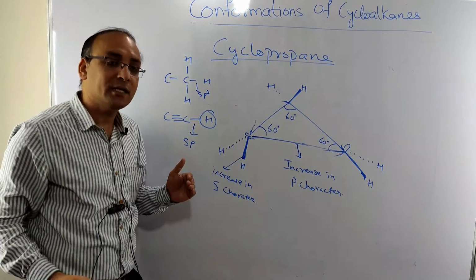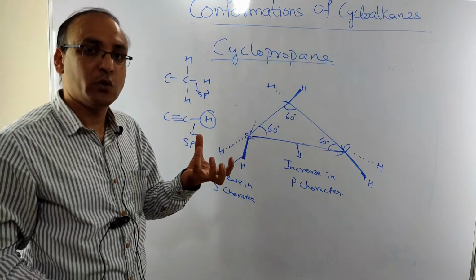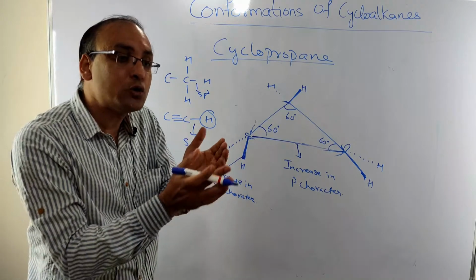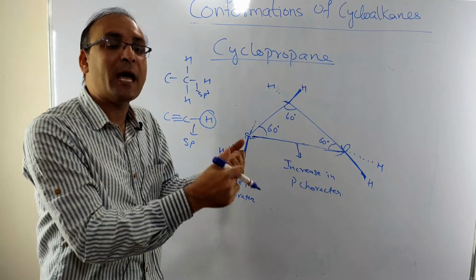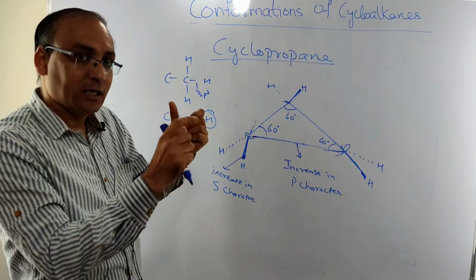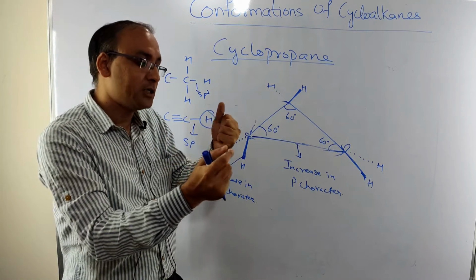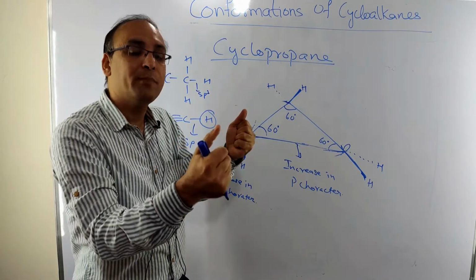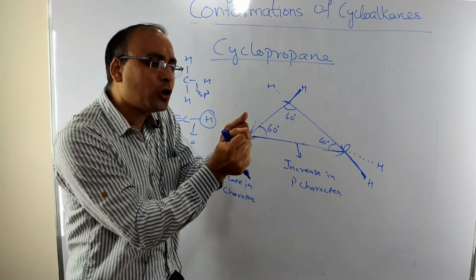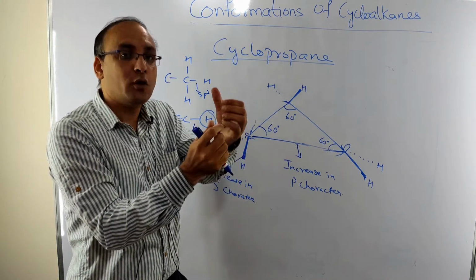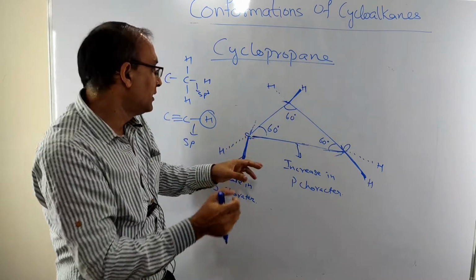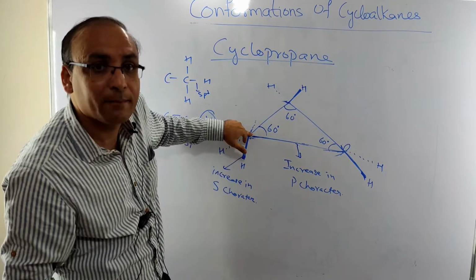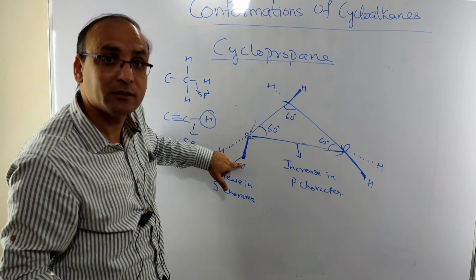So when there is an increase in s character, now you know the s orbital is closer towards the nucleus than the p orbital. Understand that? The s orbital, because of its shape, is closer towards the nucleus than the p orbital. So it faces a lot of attraction from the nucleus. So the electrons get pulled, and are closer to carbon than hydrogen.